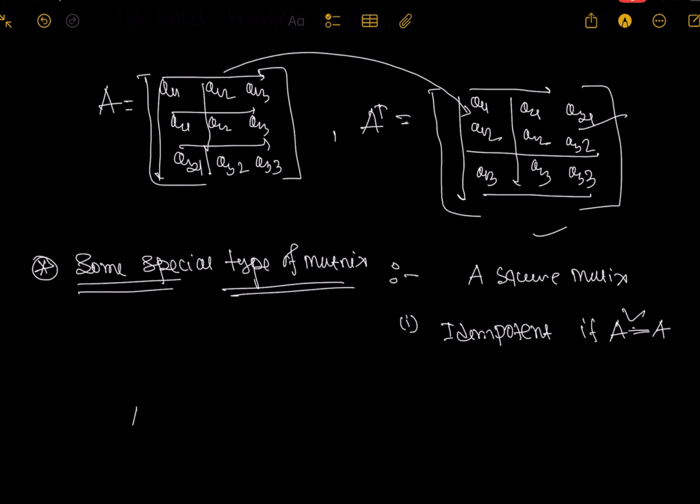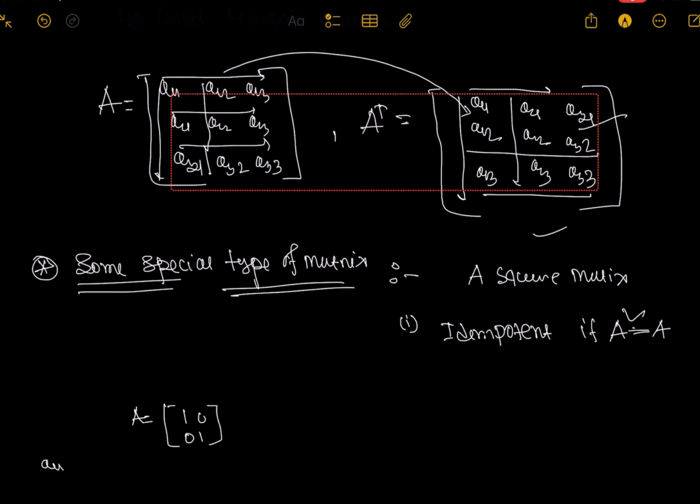For example, if you take A equals the identity matrix, 1 0 0 1, what is the given condition of the identity matrix? A of i comma j equals 1 for all i equals j, and in all other cases it goes to 0. So this is 1 1, this is 2 2, this is 1, and in all other cases 0.